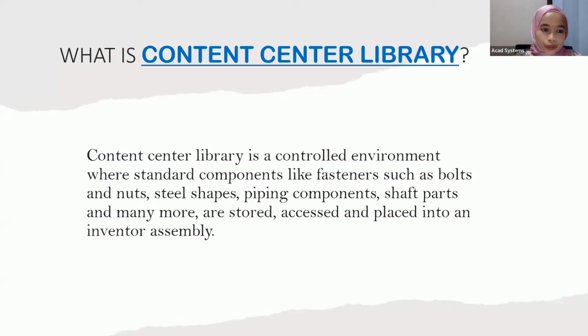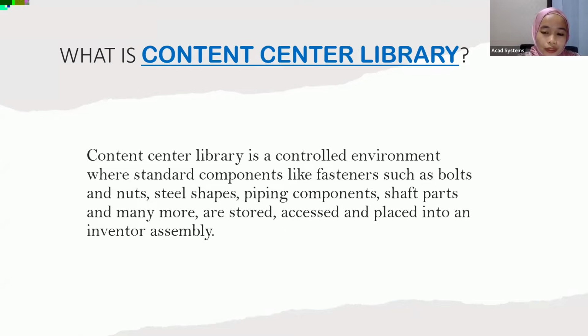As we all know, the content center library is a controlled environment where standard components like fasteners, such as bolts and nuts, steel shapes, piping components, shaft parts, and many more are stored, accessed, and placed into an Inventor assembly.